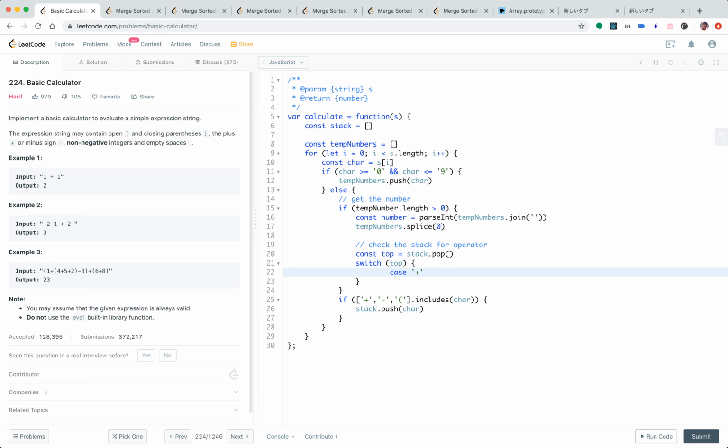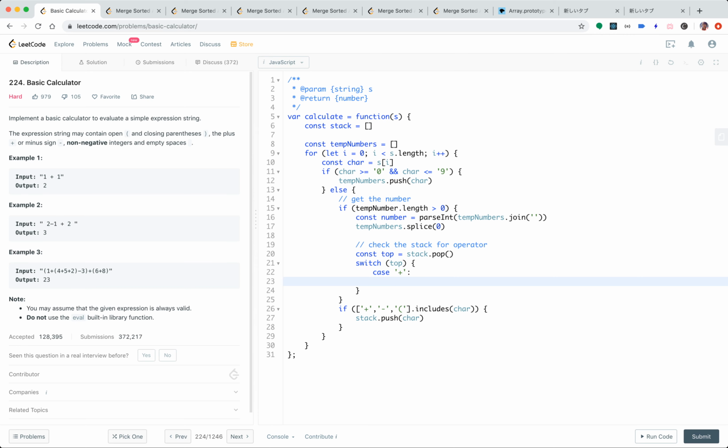If it's plus, then const second number equals stack pop.